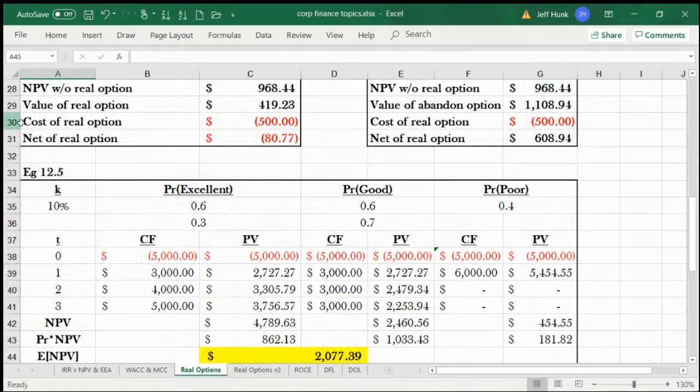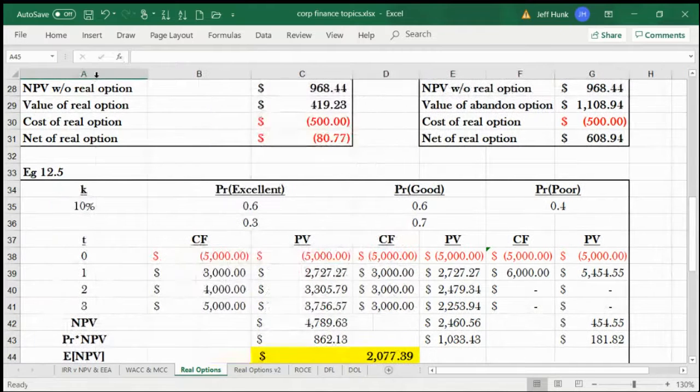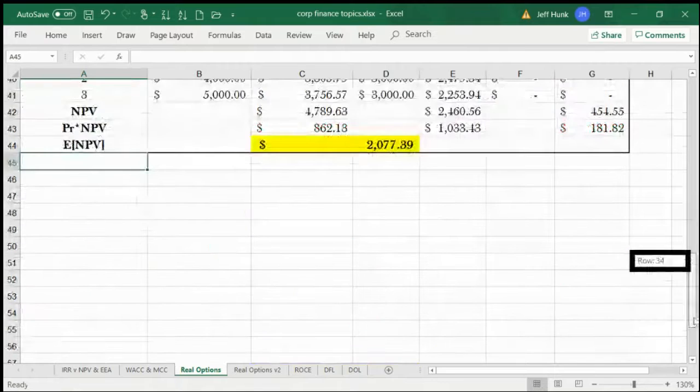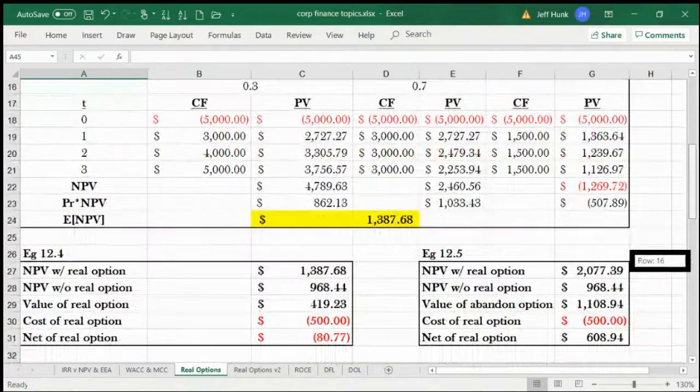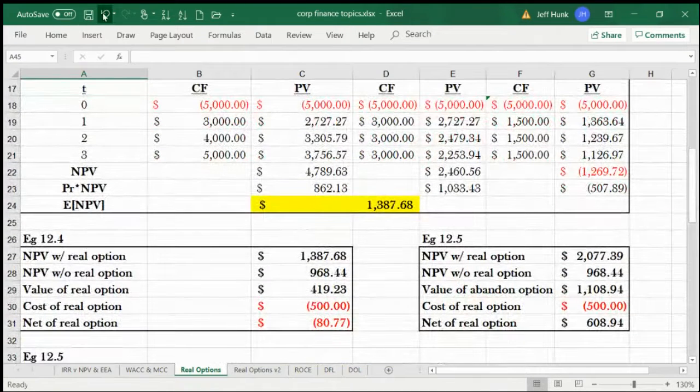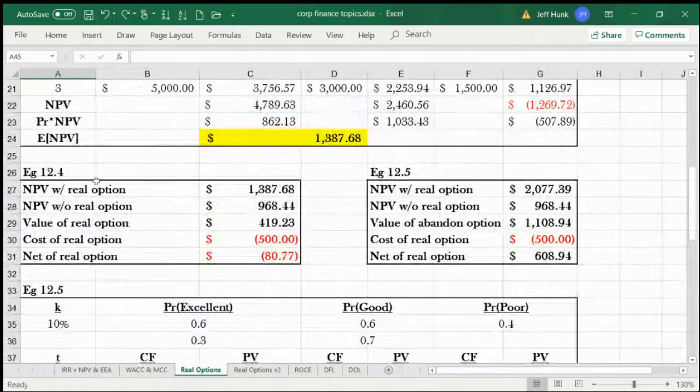All righty. There's something still further down there. Why? Oh, because of this.